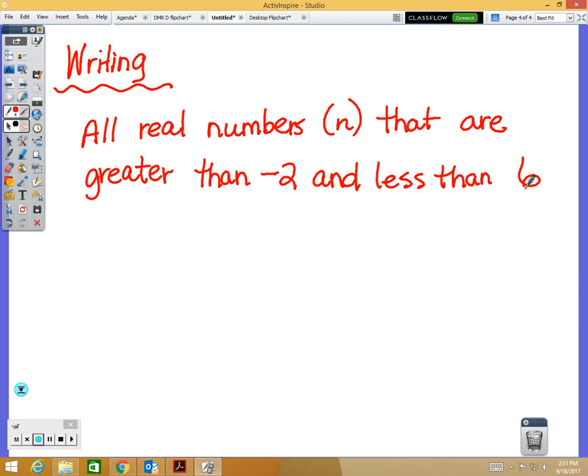Okay, that's going to be given to you. So if this phrase is given to you, we are going to write the compound inequality and we're going to show it on a graph. Okay?